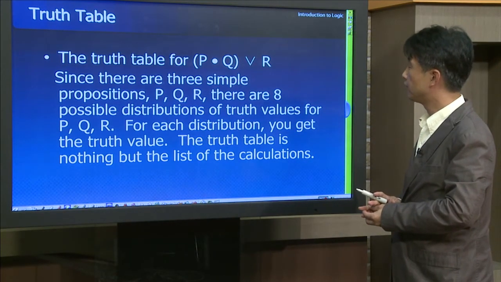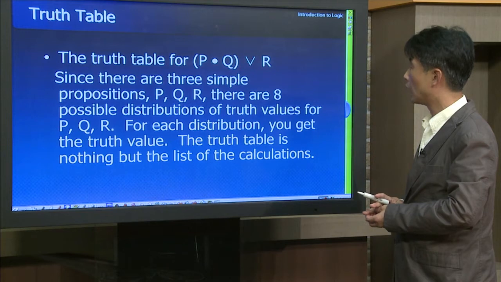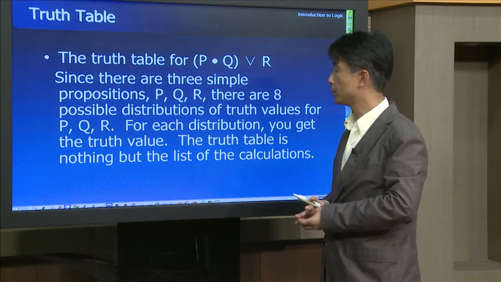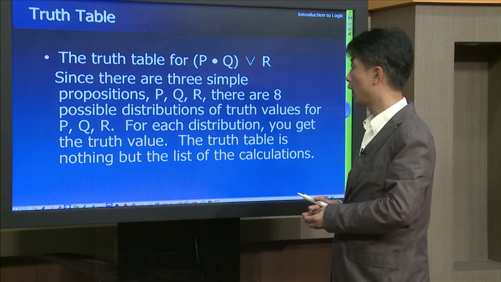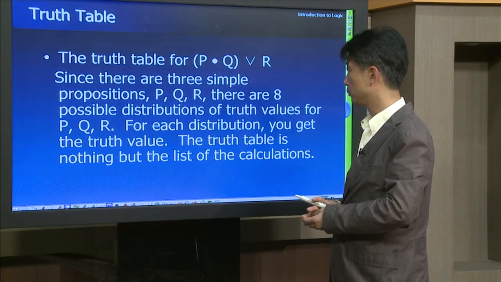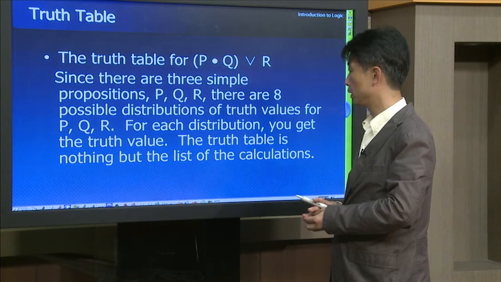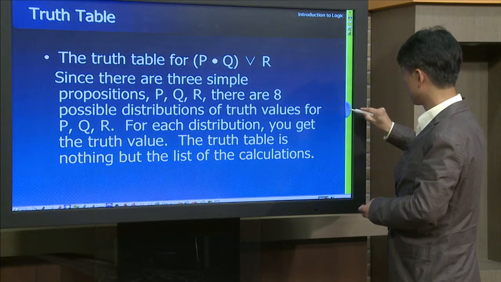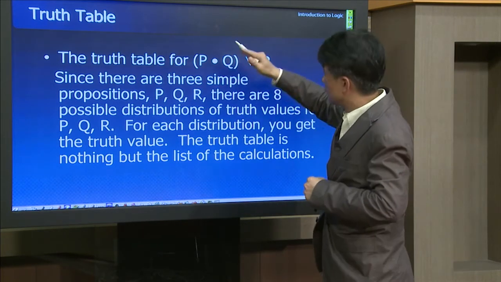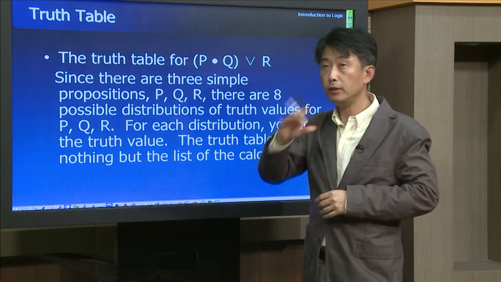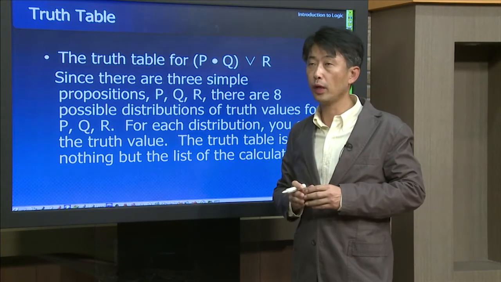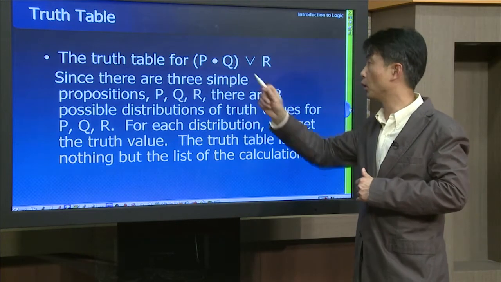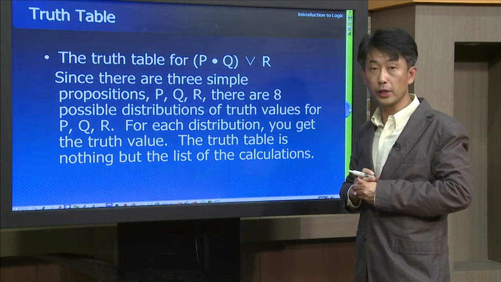The truth table for P dot Q or R. Since there are 3 simple propositions, P, Q, R, there are 8 possible distributions of truth values for P, Q, R. Actually, the number of rows that you have to draw depends on how many simple statements you have.